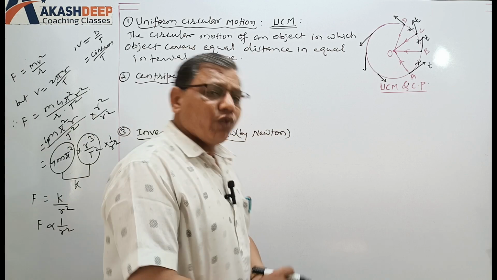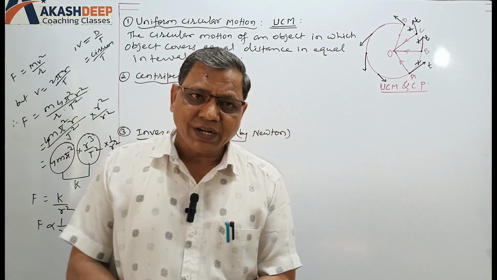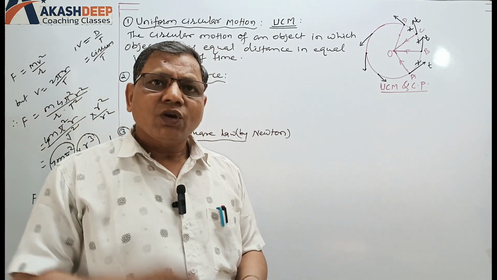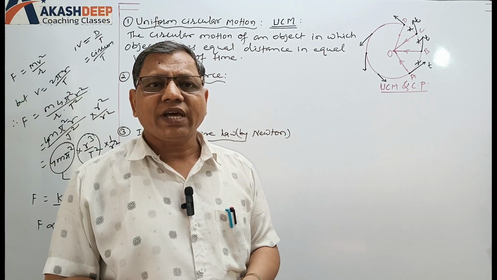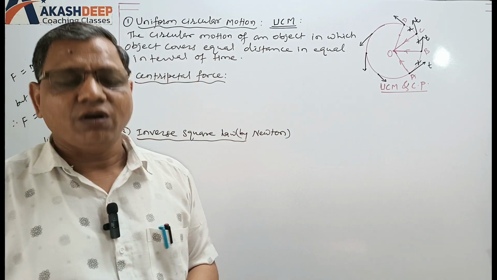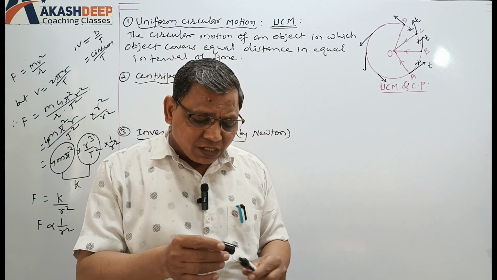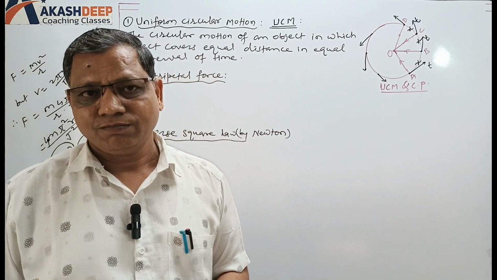Now we have seen in the previous example when we tied a stone to the rope and whirled it into air, we experienced the tension in the string which was directed towards the center or our pinch or hand. That means there is a force directed towards the center of the circular path.